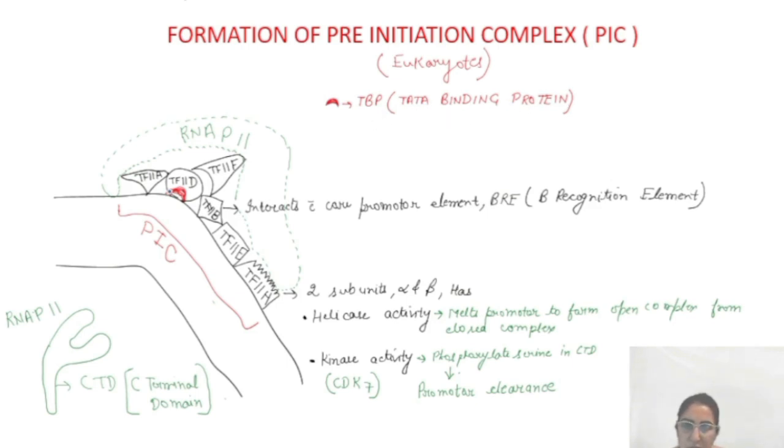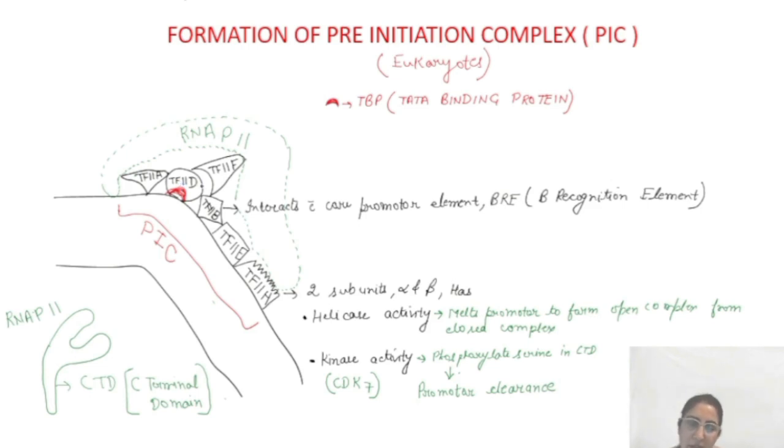So this TATA binding protein comes and binds to the template DNA and it actually bends the DNA molecule. So this transcription factor 2D comes so that TATA binding protein binds to the TATA box in the promoter region and it helps in the bending of the DNA double strand.